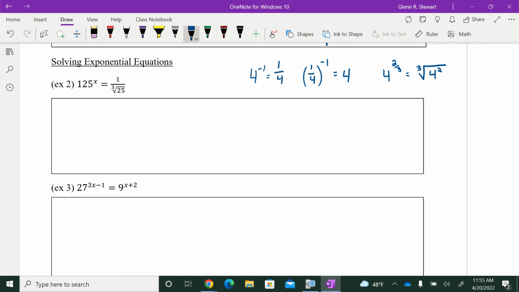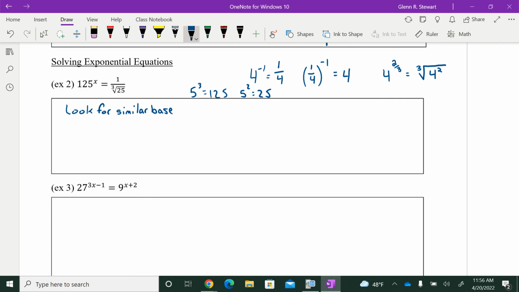So the way that you solve exponential equations, the very first thing you want to do is look for a similar base. So 125 and 25 both have what base number in common? 5. Good. 5. Because 5 cubed is 125, and 5 squared is 25.